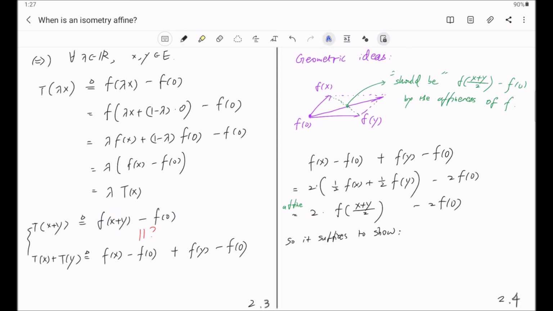So now let us rewrite this equation we want to prove. It suffices to show that f of x plus y plus f of 0 is equal to twice f of (x plus y) divided by 2.